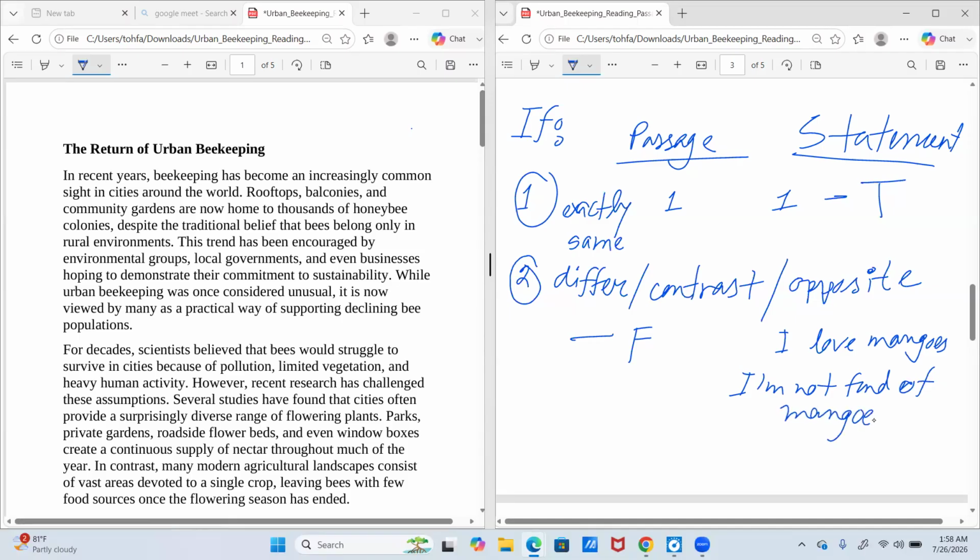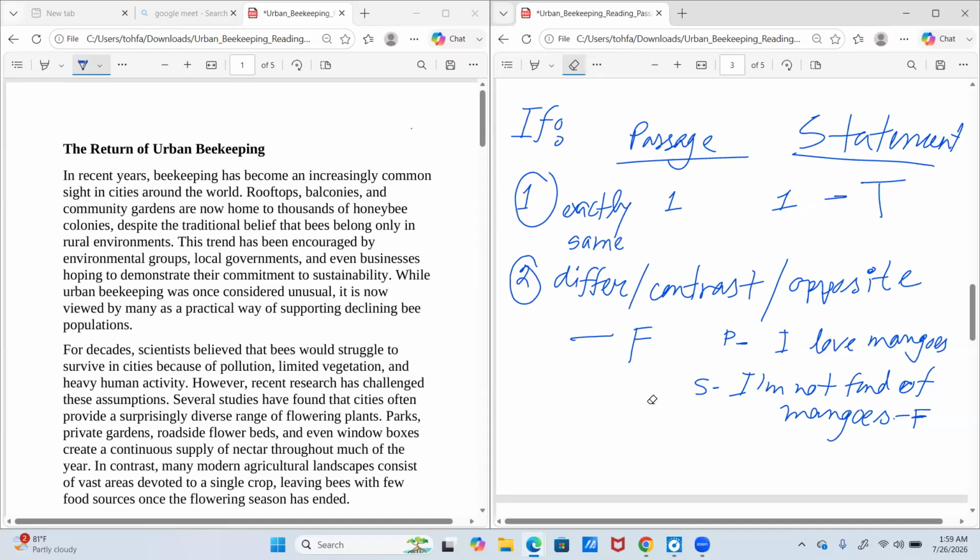There won't be the exact same words; it would be paraphrased using synonyms or a phrase that conveys the same meaning. But this is the opposite of what is being said in the passage. Therefore, as the opinions are opposite, it is false.